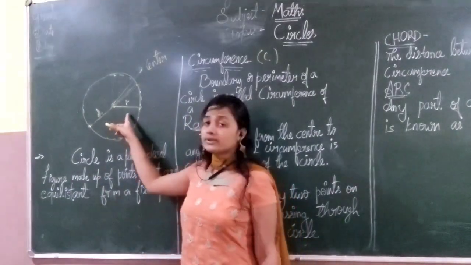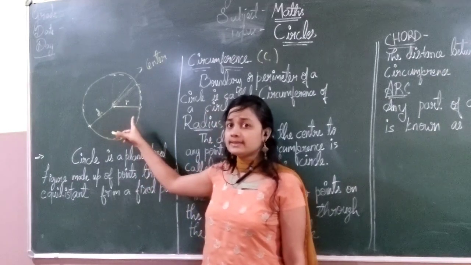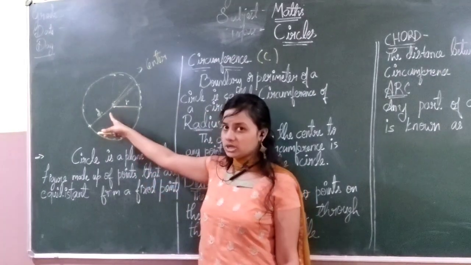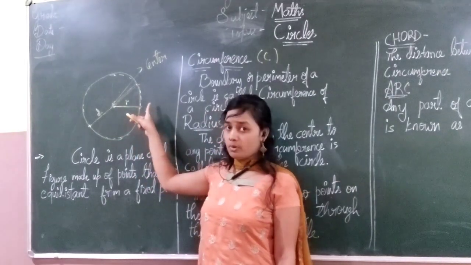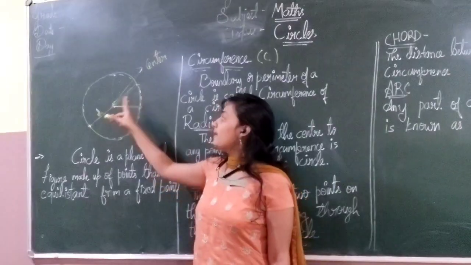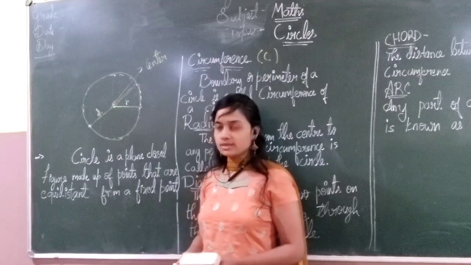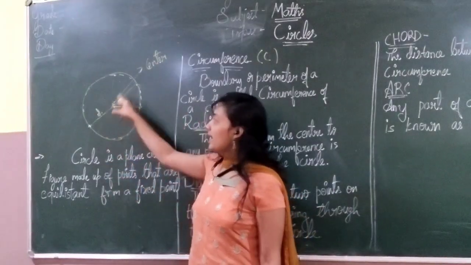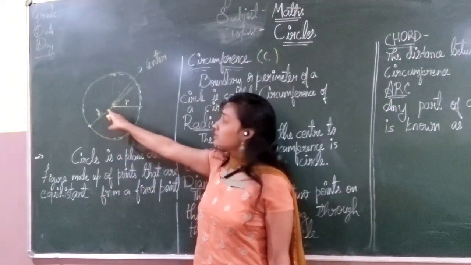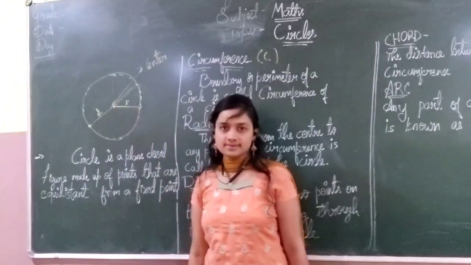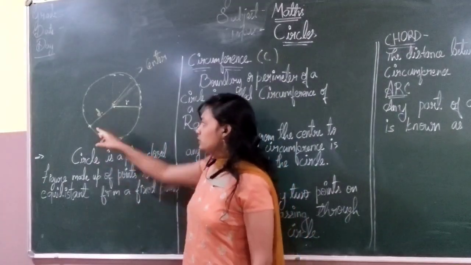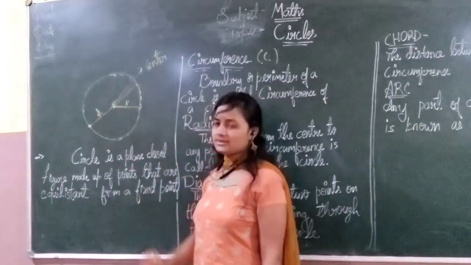So, once again I tell you what is radius. Radius is the distance from the center to any one point on the circumference. Diameter is the distance between 2 points on the circumference, and the line passes through the center of the circle. So, I told you this line is diameter, right children?